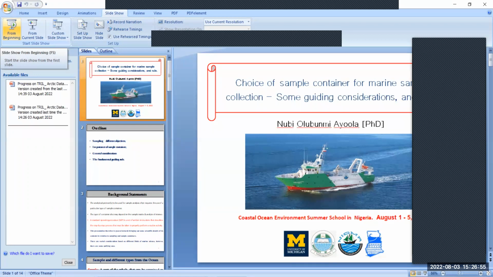Even though it's a small component, it's very vital in the project design when you are set to go to the field for your sample collection. When you want to go for an expedition, you need to lay more emphasis on the sample container that you are taking to the field.